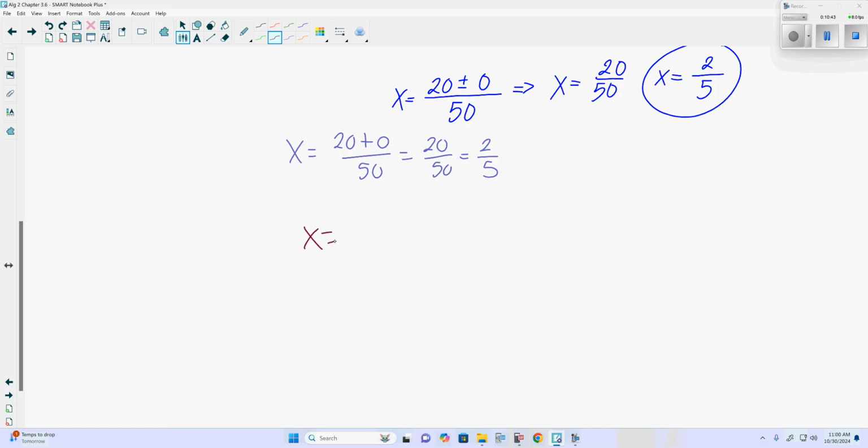We can also say that we have 20 minus 0 over 50, which is indeed the exact same process. We still have two solutions. They're just the same solution. Does that make sense? Some books will say that we have one real solution for this type of problem. I think it's better to say we have one real unique solution. We still have two. They're just the same. They're not unique, not different solutions. But 2/5 is the final answer.